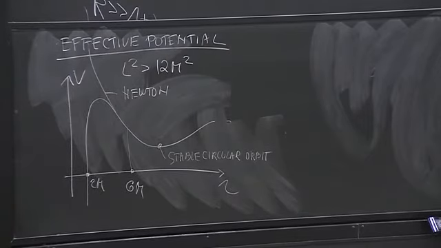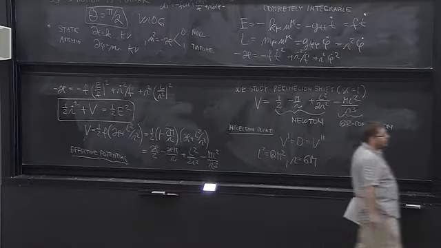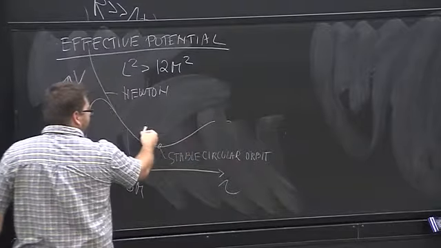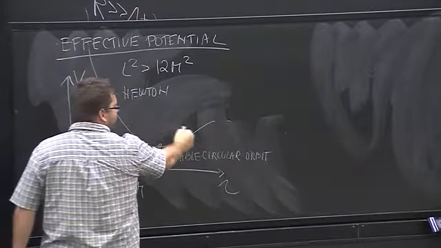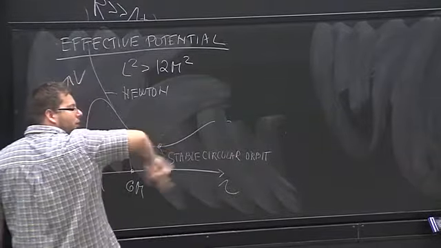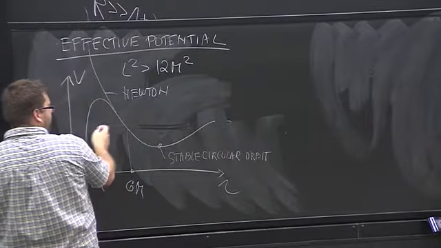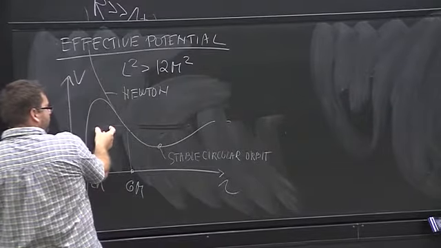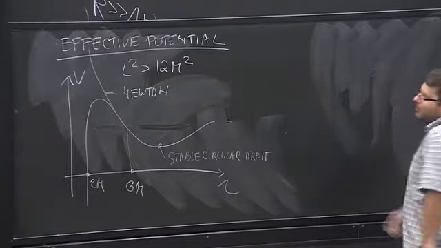I can have motion, r dot can be non-trivial, only if 1/2 E square is bigger than V. So if I have 1/2 E square at, let's say, this value, and I'm bigger than V, I can have motion from this radius to that radius. In Newtonian theory, that would correspond to an ellipse, but in our case, we have this shift of the perihelion. And here I have a circular orbit, but my 1/2 E square is smaller than V, so I cannot have motion here. Now you see a qualitative big difference.